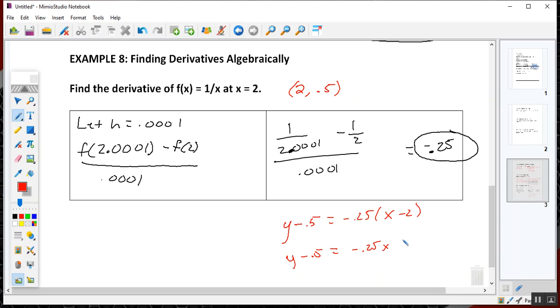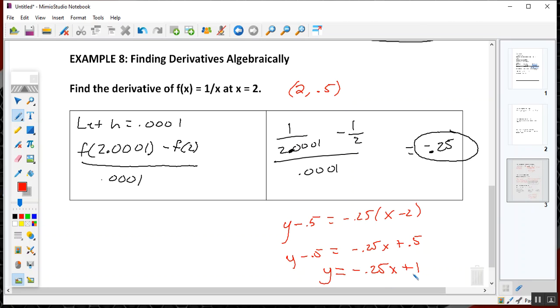This is going to become plus, what's 1/4 of 2? Half? So if I add the half here, do you guys agree my tangent line to that point for our function 1/x is going to be negative 0.25x plus what?